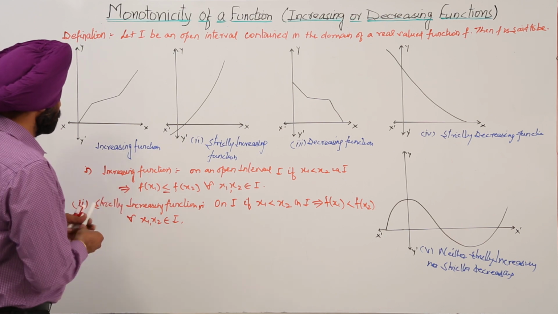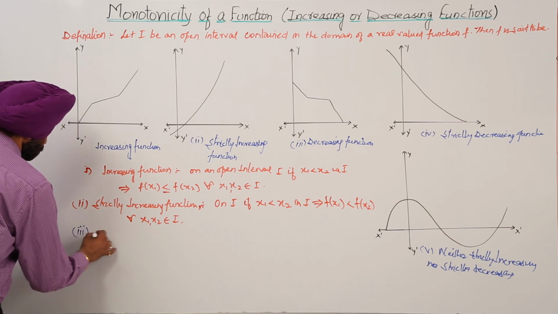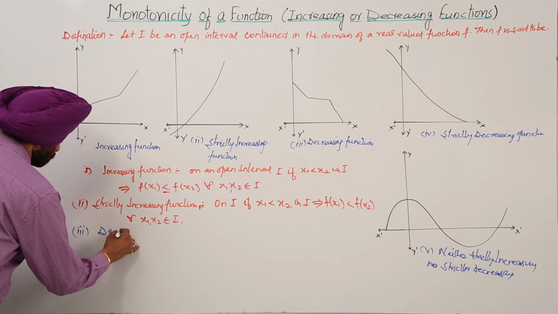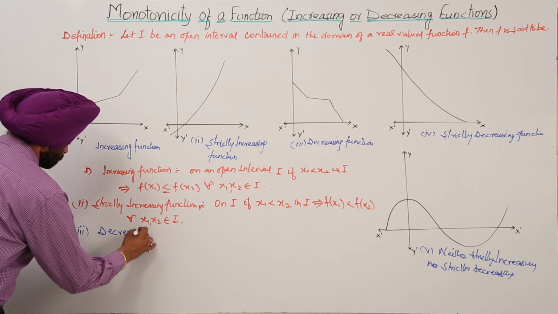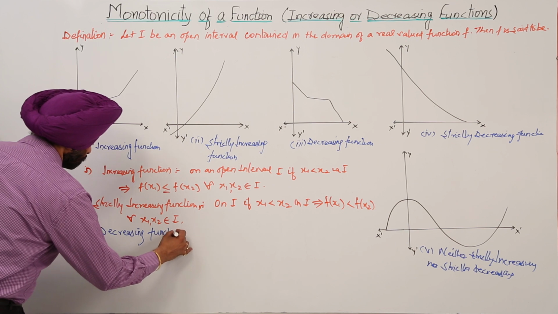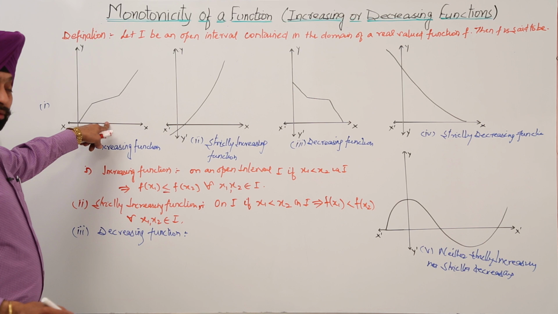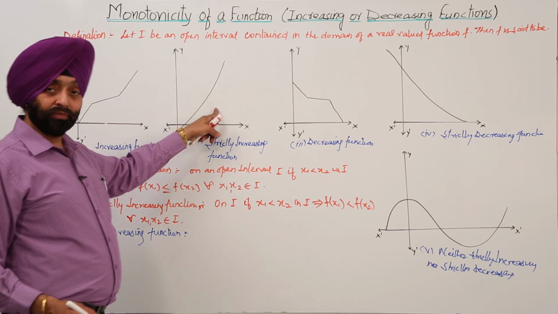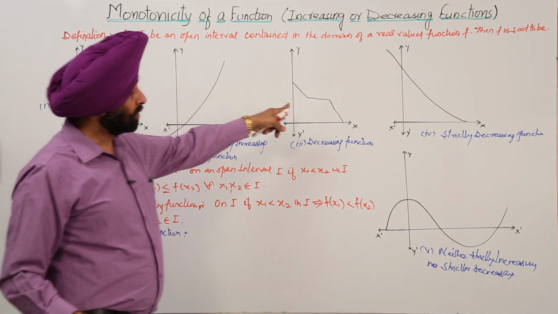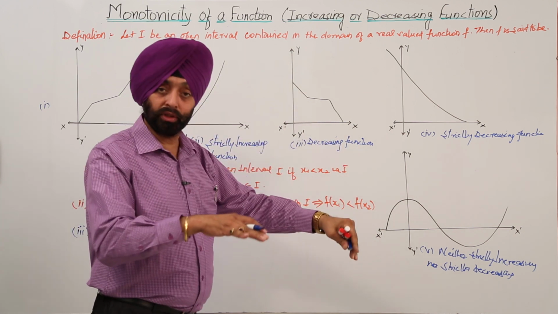Then we are having decreasing function. Increasing function, this one, strictly increasing function, now decreasing function. Okay, from top to bottom we are coming like this for the decreasing function.